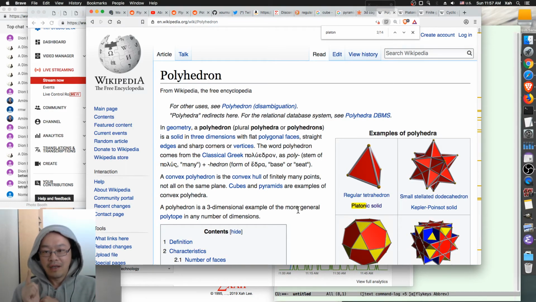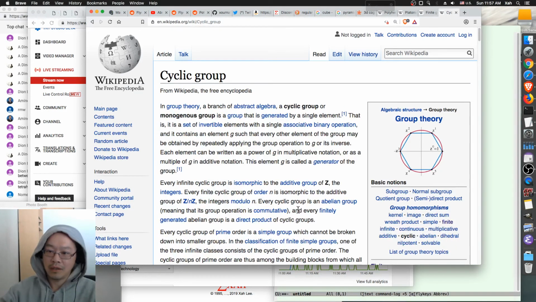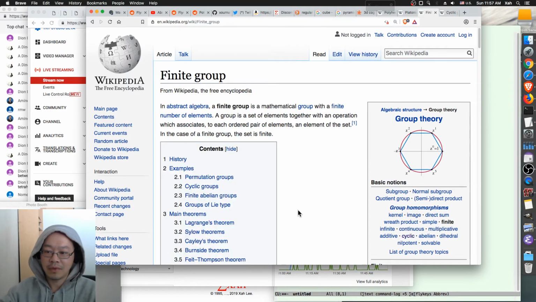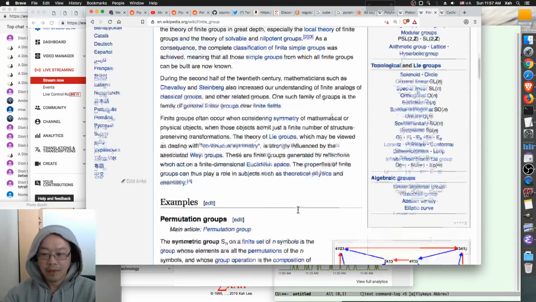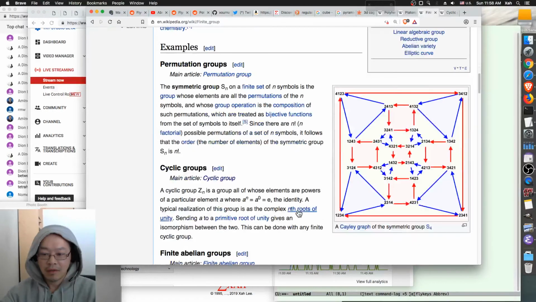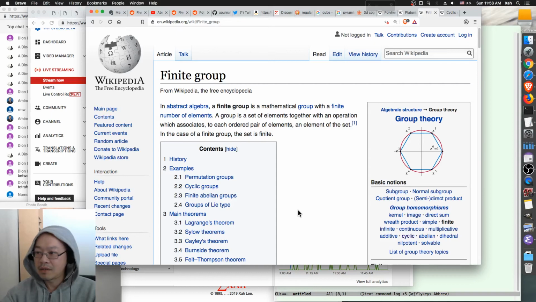However, the binary operation must satisfy some qualifications, some rules. So let's look at what those rules are.